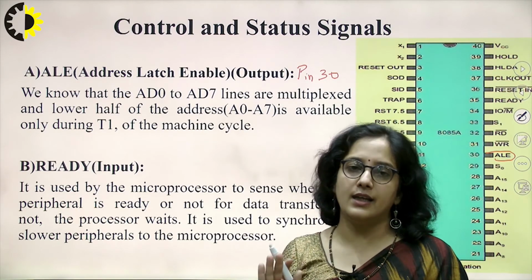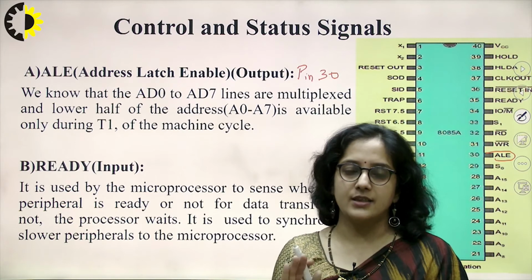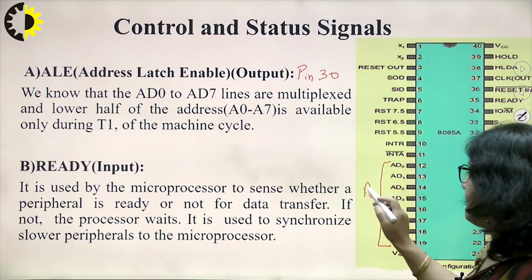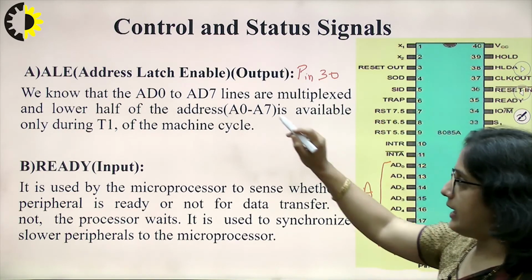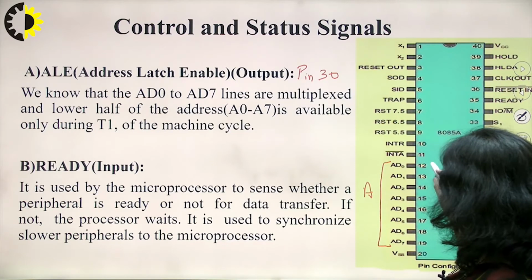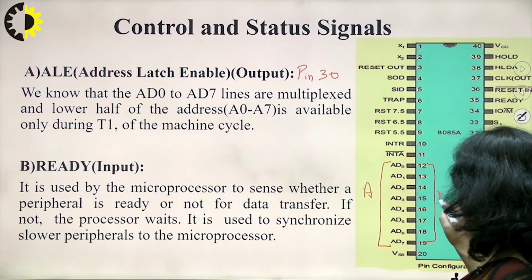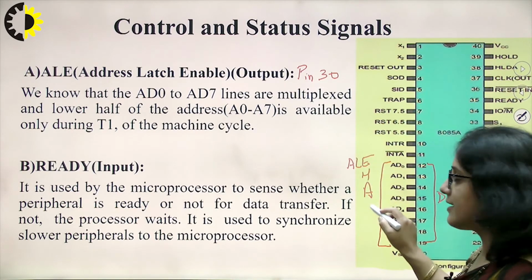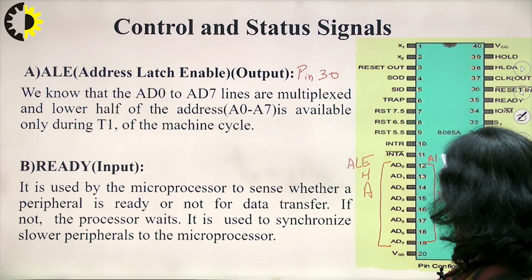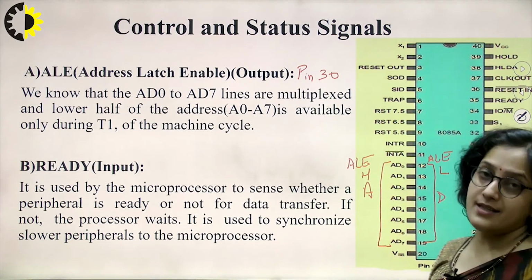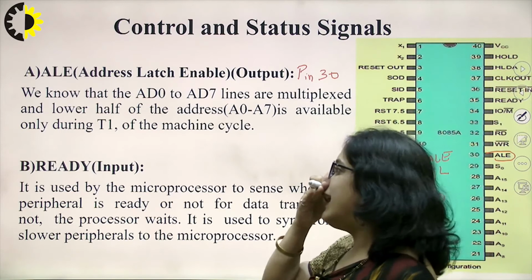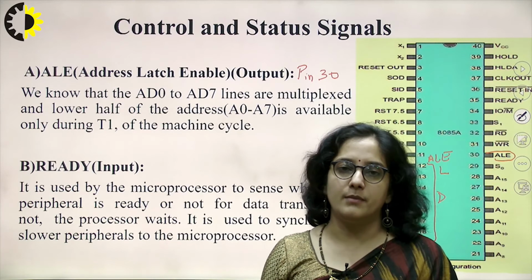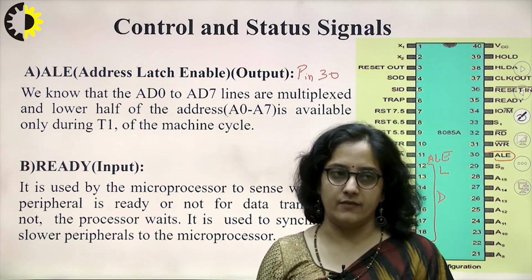After the ALE signal is high, it indicates that on these lines address is traveling. When ALE is low, these lines are free for data. So, I can say that when ALE is high, address is traveling. When ALE is low, data is traveling. So, the address latch enable signal will indicate whether on pin number 12 to pin number 19 address is traveling or data is traveling.